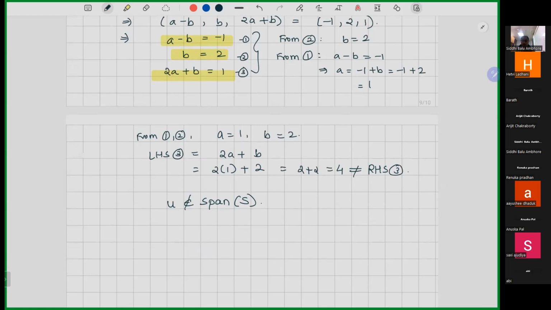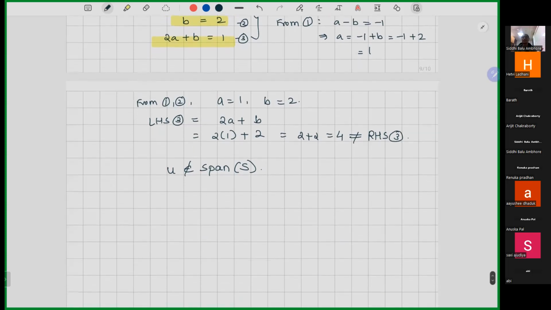If you are giving the exam for this course, in a hurry you might skip checking the third equation and you might end up getting the wrong answer. Please do not do that. If you have A and B from the first two equations, please do check whether it satisfies the third equation or not. Okay.